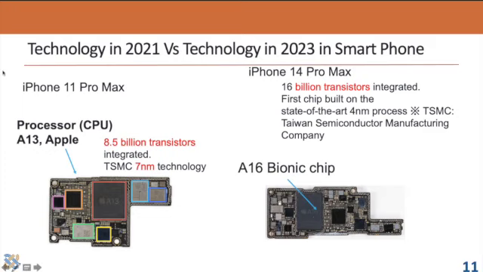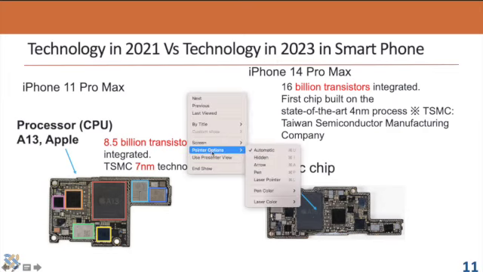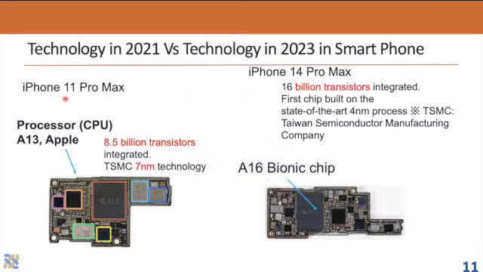Let's start with the iPhone. The iPhone 11 in 2021 had 8.5 billion transistors. At that time, 7 nanometer technology was the state of the art.